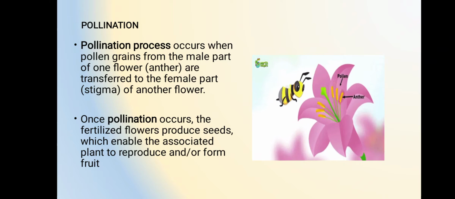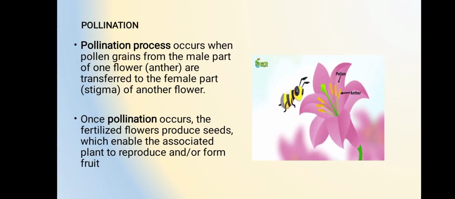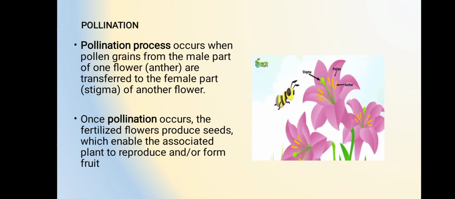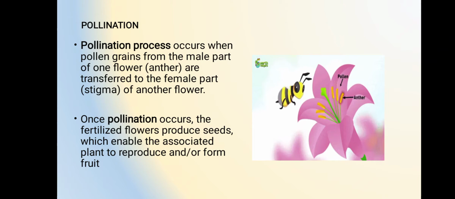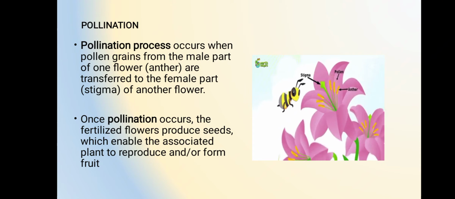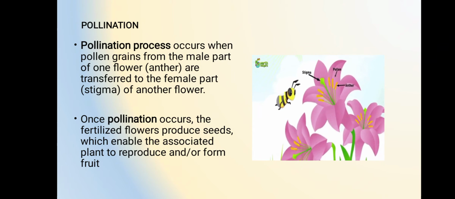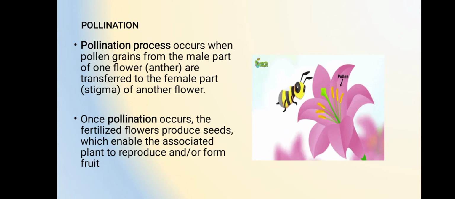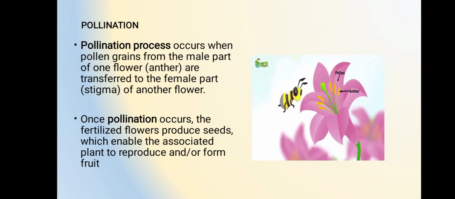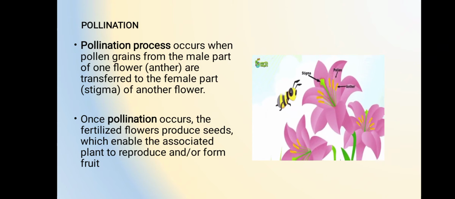Once pollination occurs, the fertilized flowers produce seeds which enable the associated plant to reproduce or form fruit. So after pollination, the flower will change to seeds. This will enable the seeds to turn itself into a fruit.